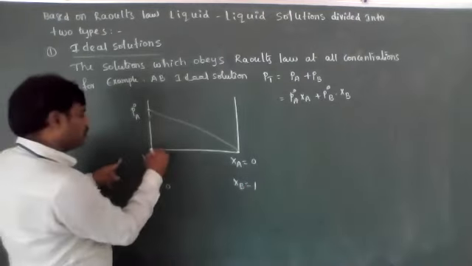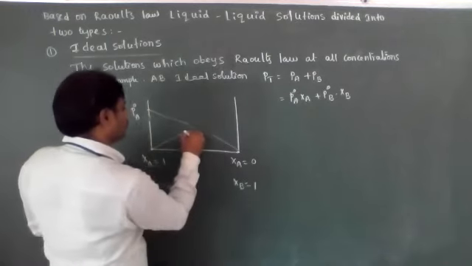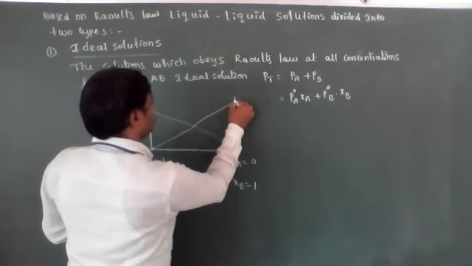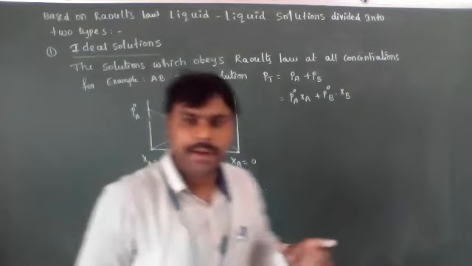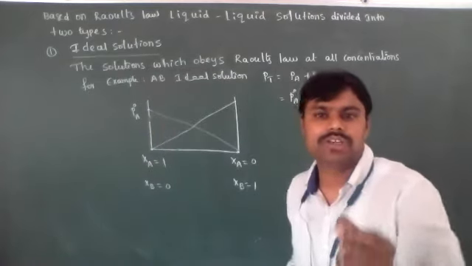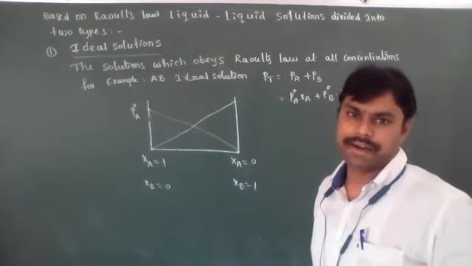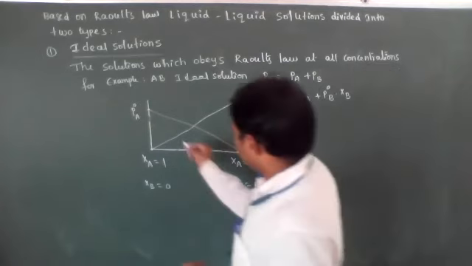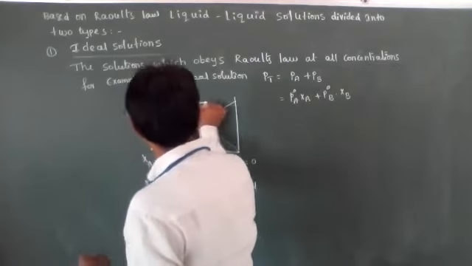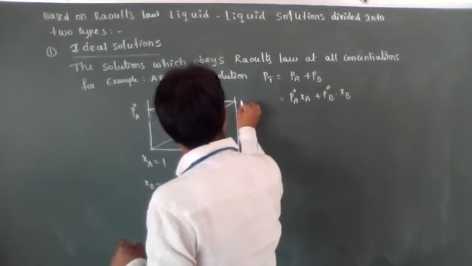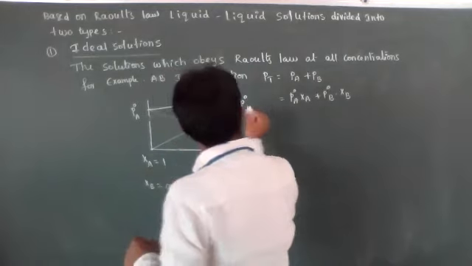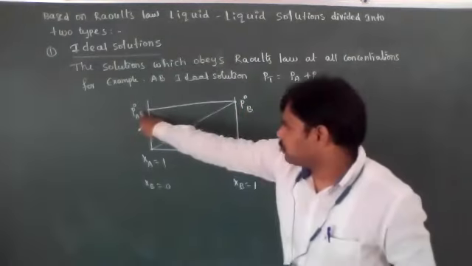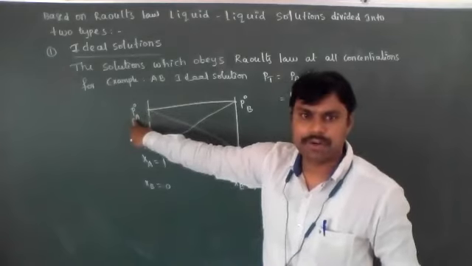And at this point the mole fraction of B is equal to 1, whereas at the other end the mole fraction of B is 0. As the mole fraction gradually increases, the vapor pressure increases. I already said the vapor pressure is directly proportional to mole fraction. This point is the vapor pressure of B in the pure state, and this point is the vapor pressure of A in the pure state.